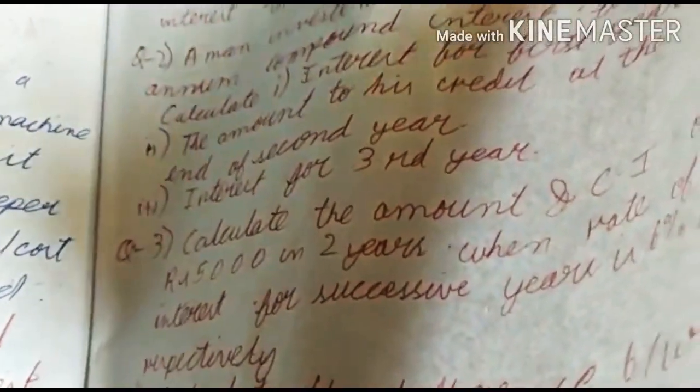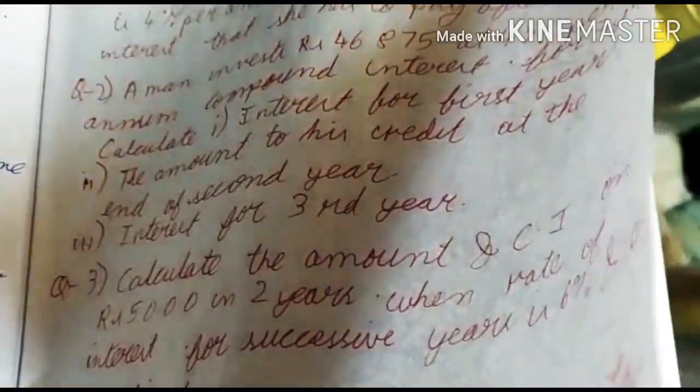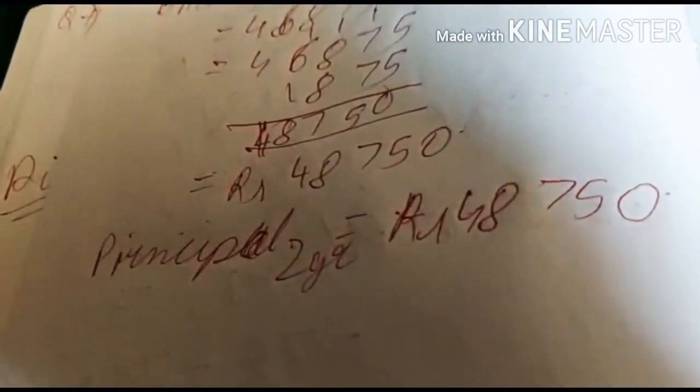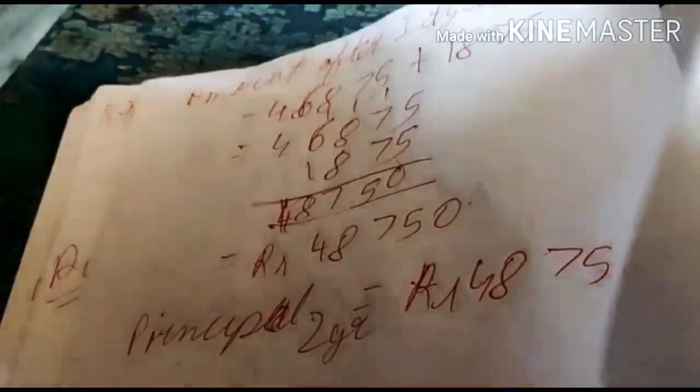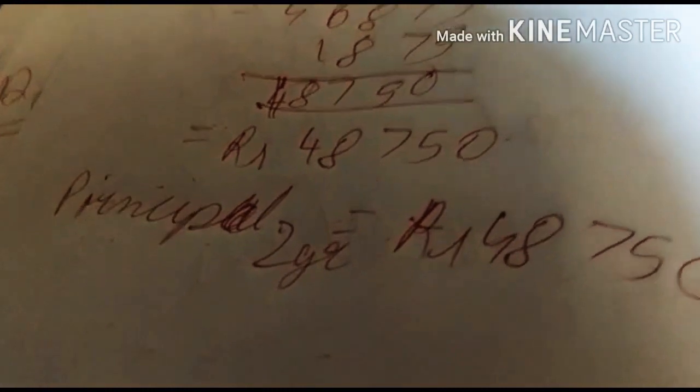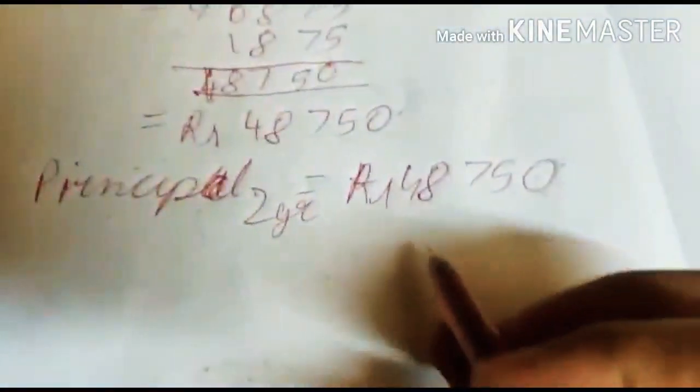The second part that we have to find is the amount to his credit at the end of the second year, means what amount he has to return at the end of the second year. This 48,750 was the amount he had to return at the end of the first year. So at the end of the second year he will have to return an amount after calculating interest on it.